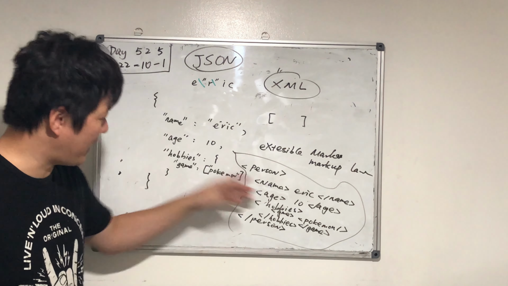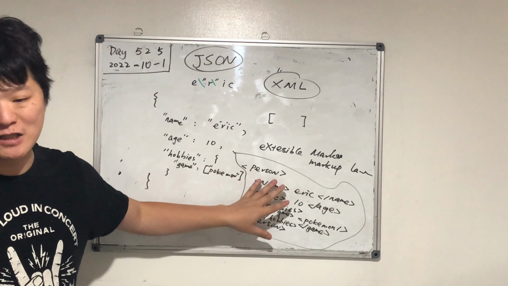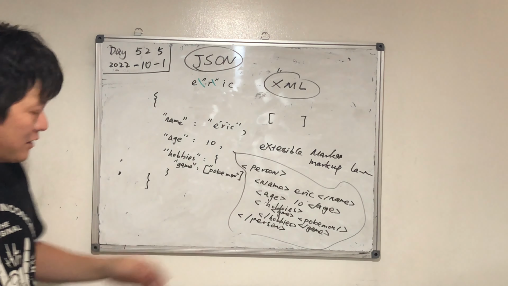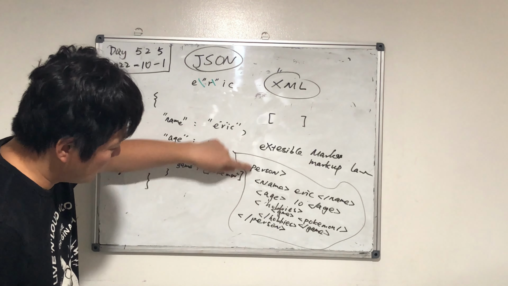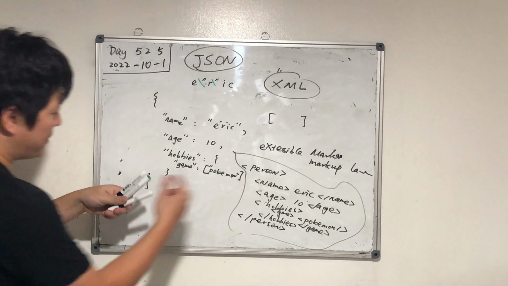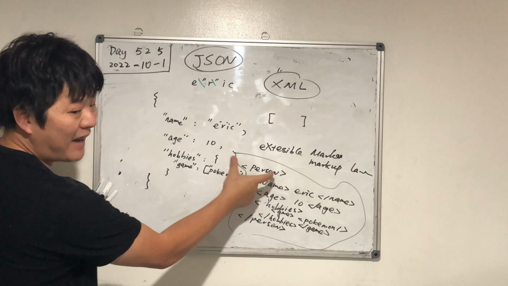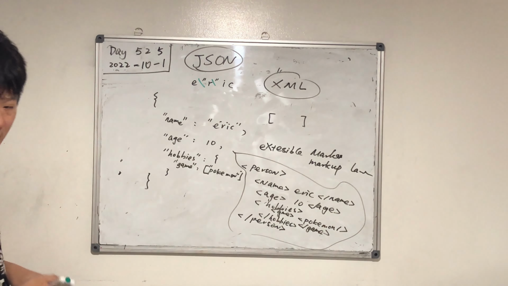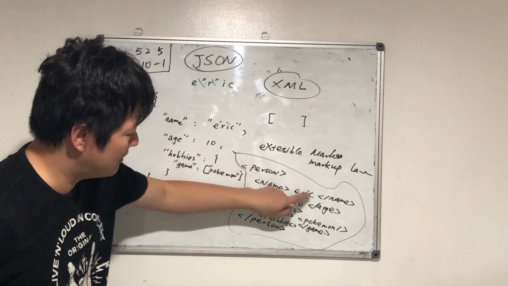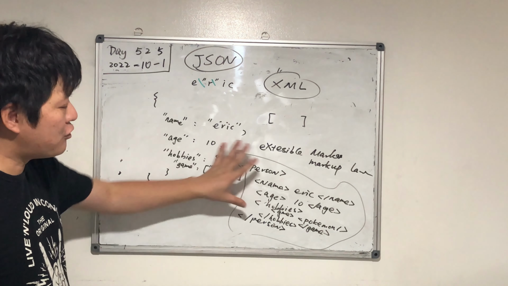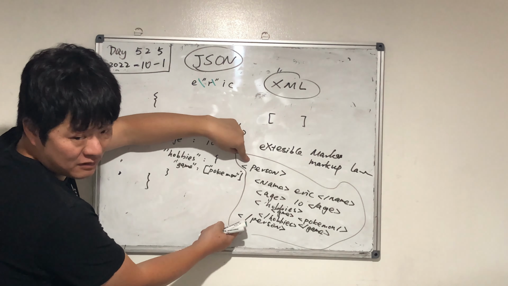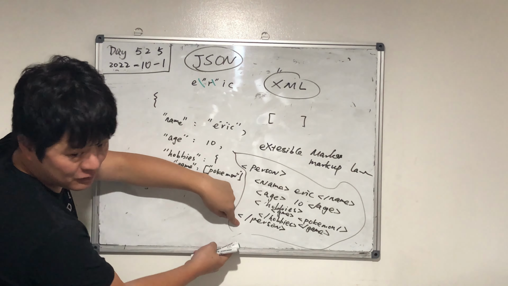Again, similar to JSON, it's very easy to read. This is the syntax of XML. If we have this person, this is an element, and you need to close it with a slash. Each XML should have only one root element, you cannot have multiple roots.